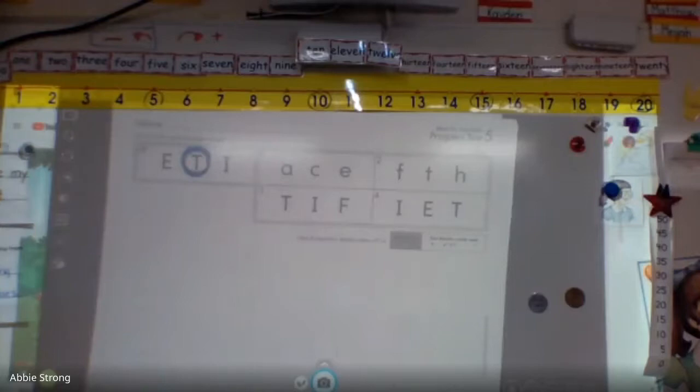Circle uppercase F. Uppercase, capital. Sometimes we use both of those. Uppercase F. That's what I want you to circle next in box number 3. Box number 3, capital or uppercase F.